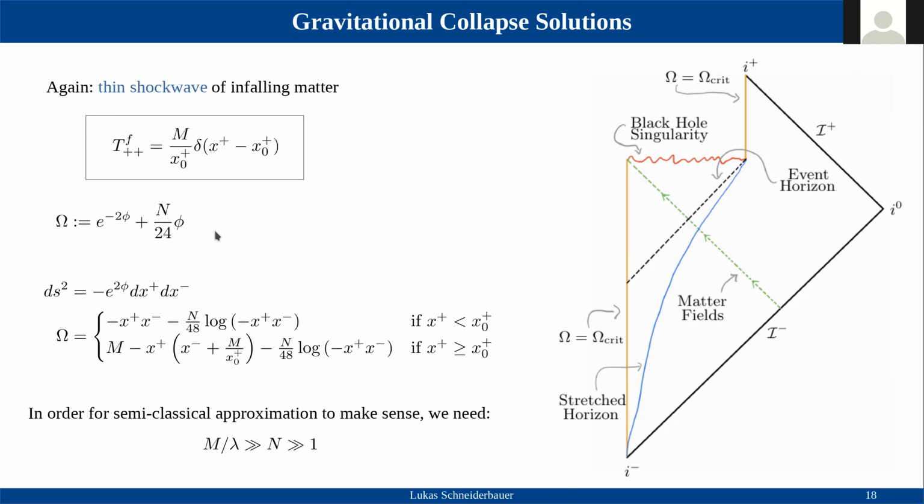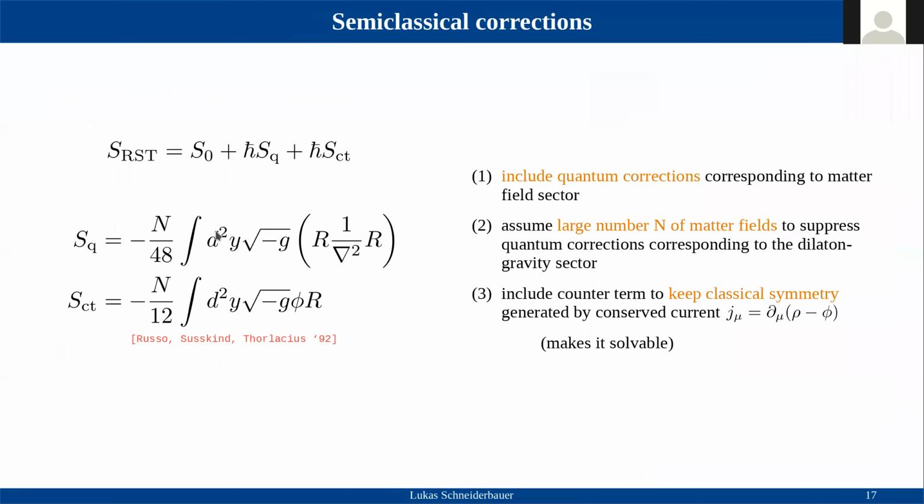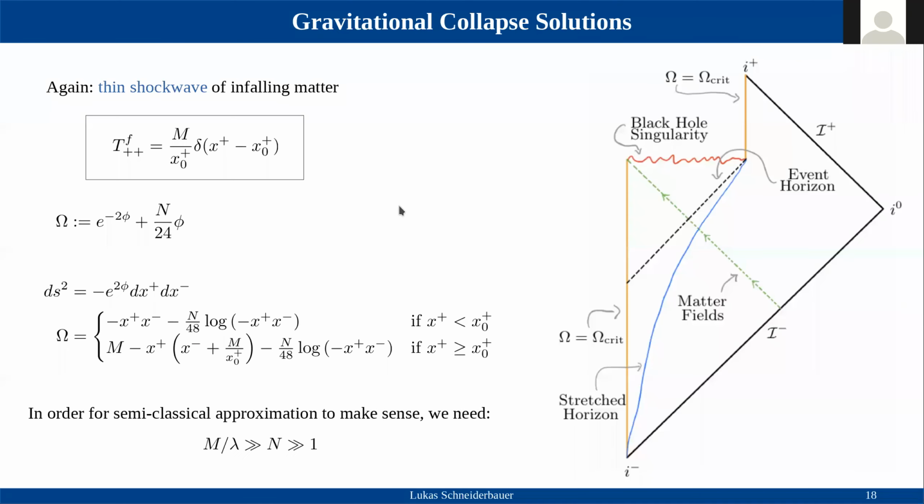On the right hand side, you have this T++ as the component of the matter stress tensor, and you solve for the conformal factor phi. Exactly, or for omega in this case. And the solution for omega is given here.